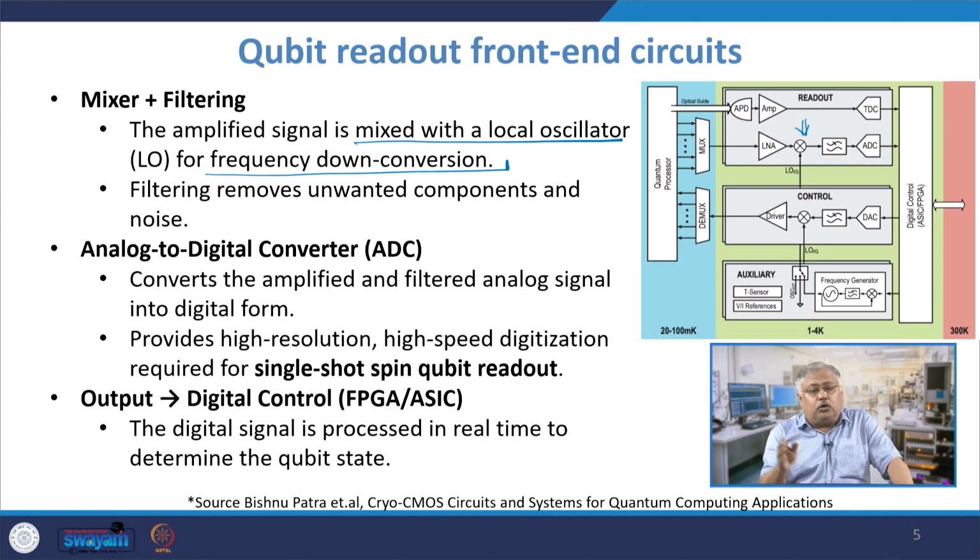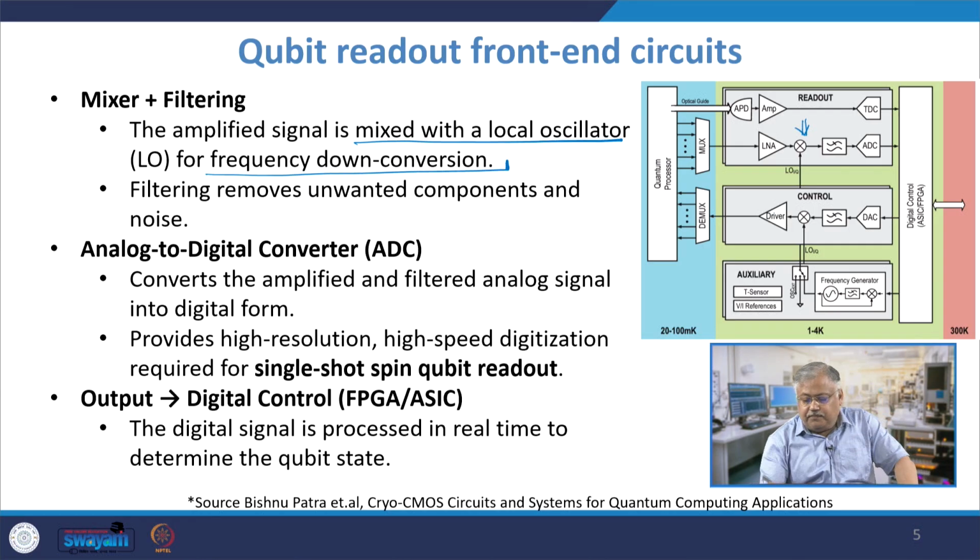So, the output of the filtering will primarily be an analog signal, but devoid of any unwanted components, higher order harmonics or even noise in the signal. So, we were able to down convert it and remove the noise, and then we send this to an ADC.